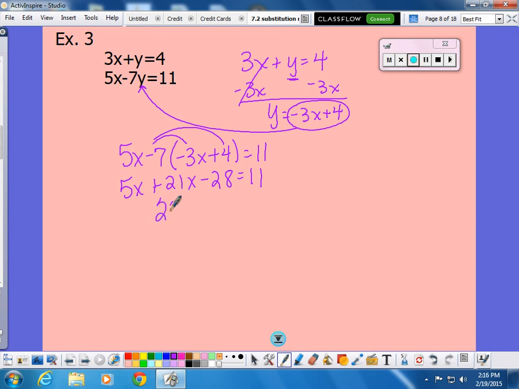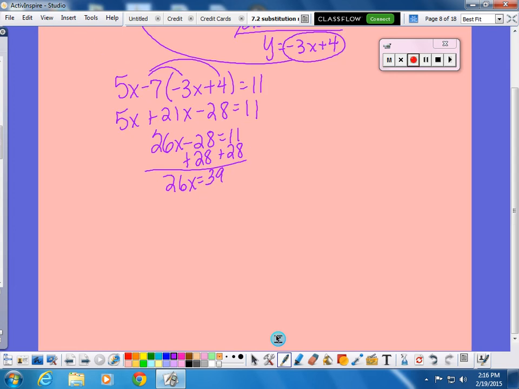Combine like terms. These are on the same side, so don't do opposites, just combine like terms. Add 28 to both sides. Divide by 26.